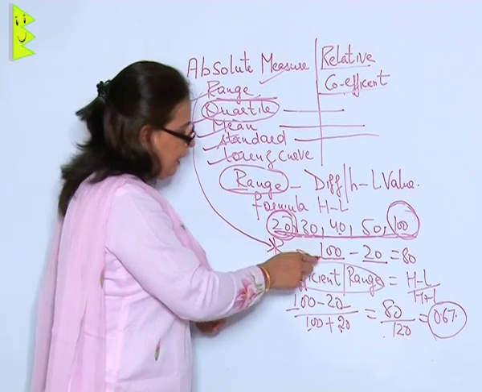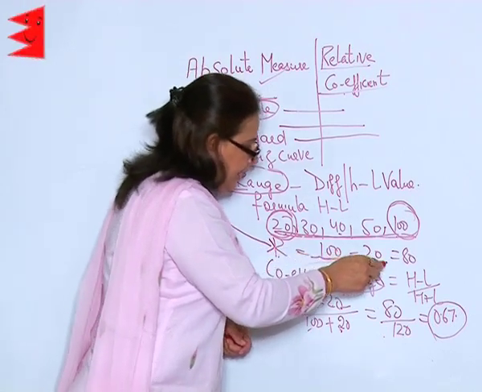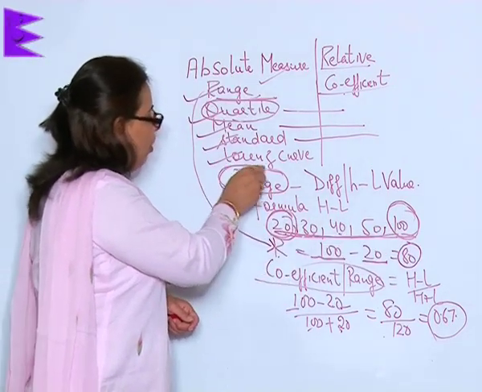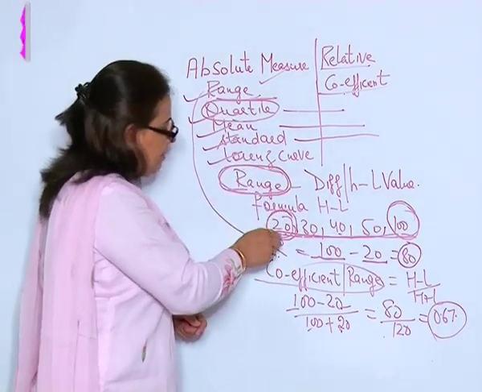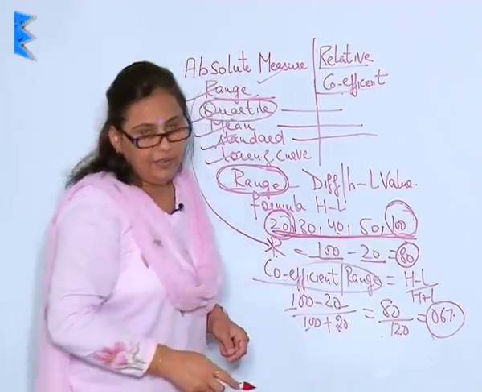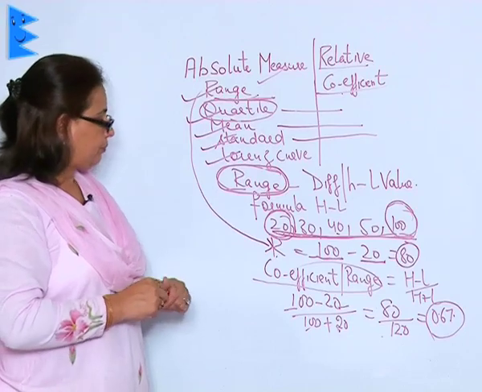So the range will be 100 minus 20, giving me 80. 80 is the range of the series comprising the observations 20, 30, 40, 50 and 100.